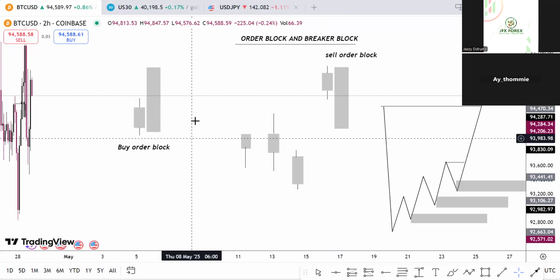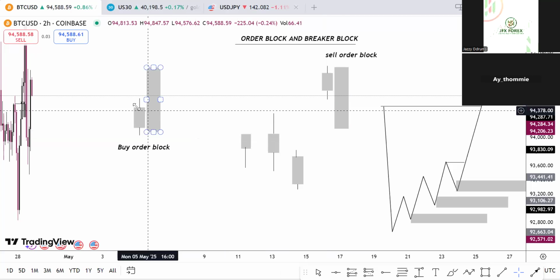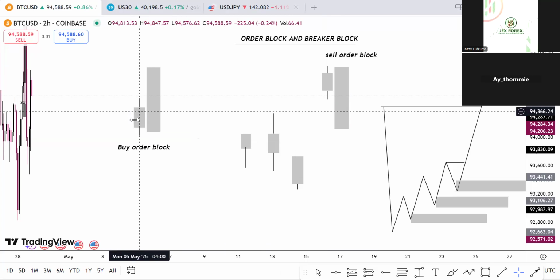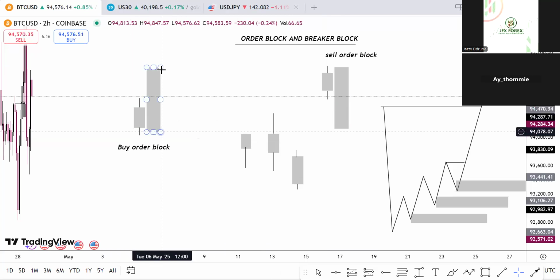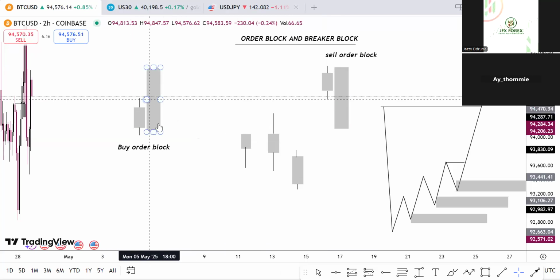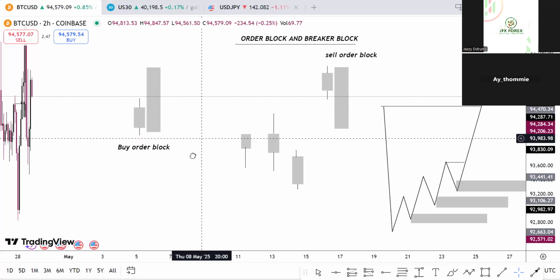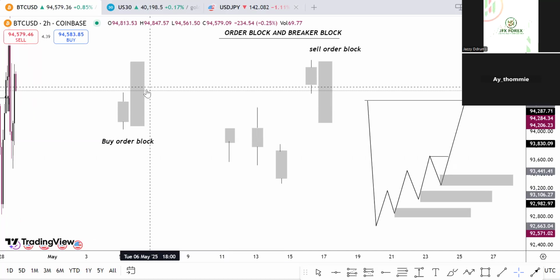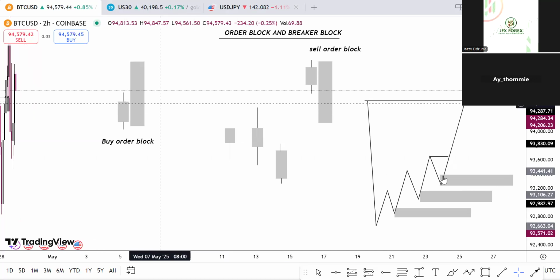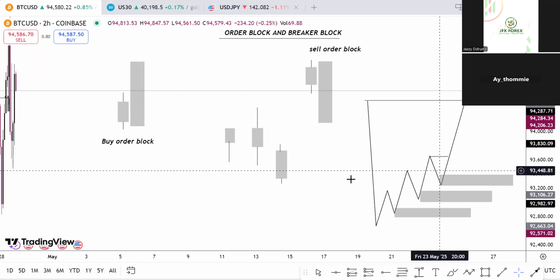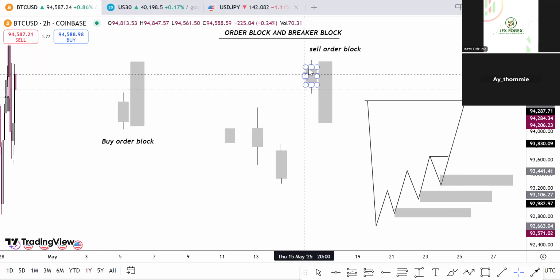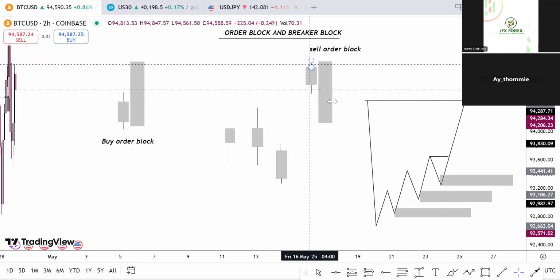Let's put it this way: the last selling candlestick before the buy triggers up. That's the particular zone I'm talking about for you to understand the order block. For the sell part, it is the last buying candlestick before the sell.